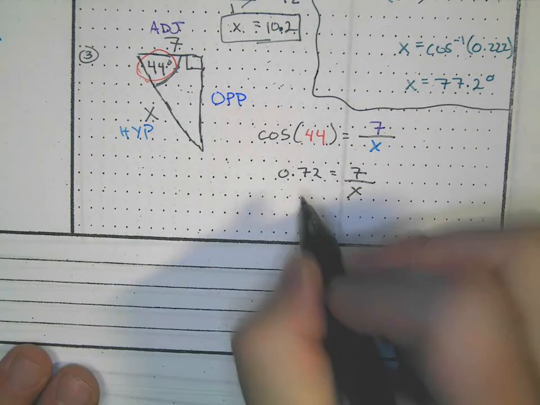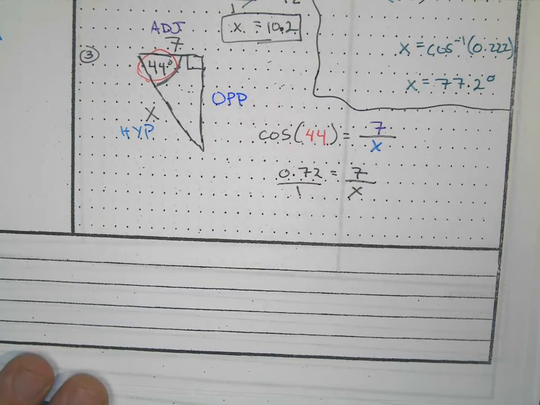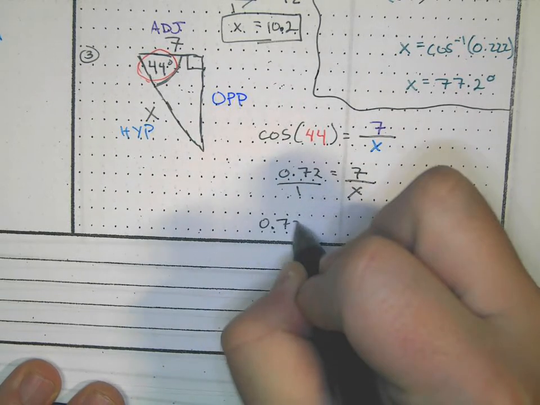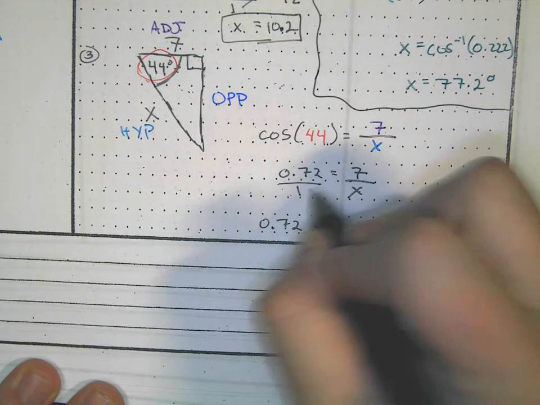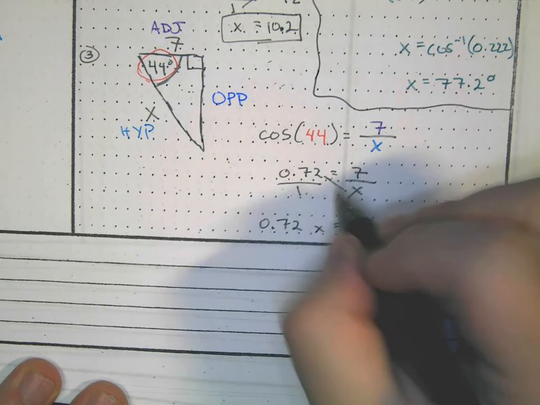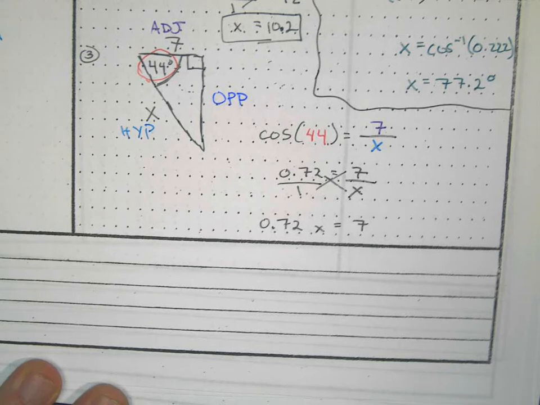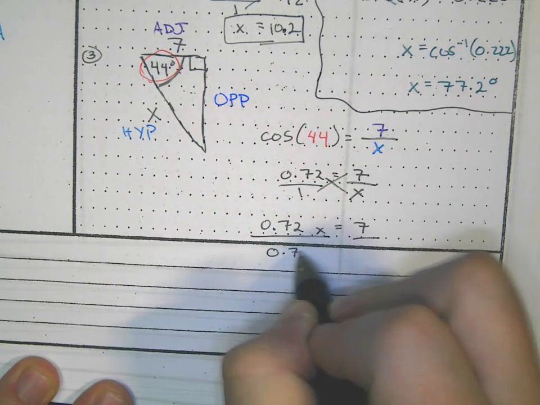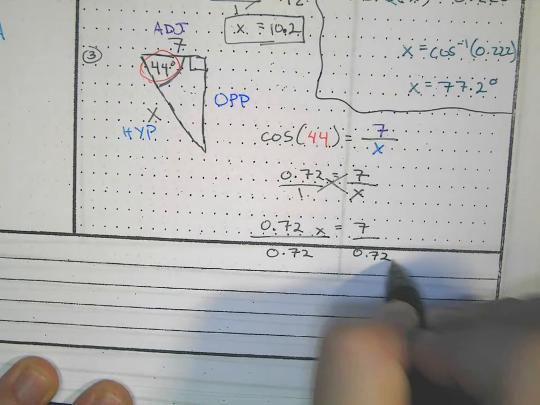Now we need to cross multiply, so I'll write in my hidden 1. Multiply and divide as needed. X times 0.72 is 0.72x is equal to 1 times 7 is 7. One last step. We'll divide both sides by 0.72.